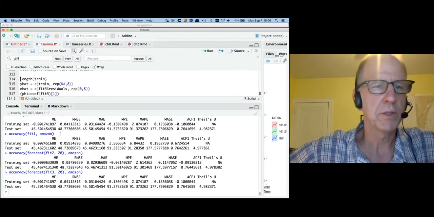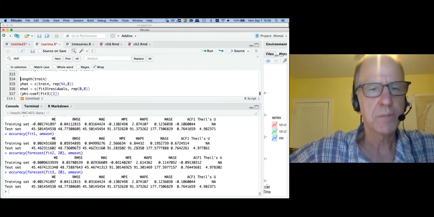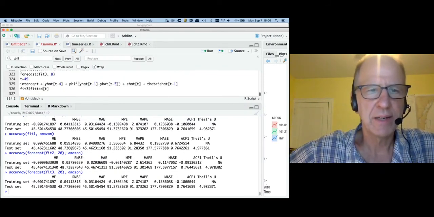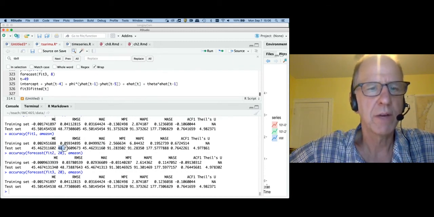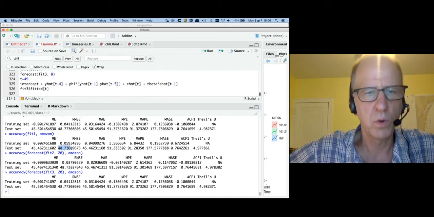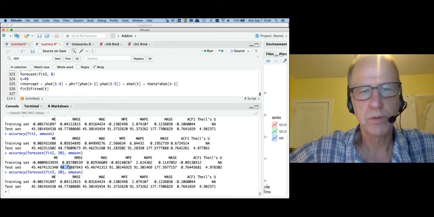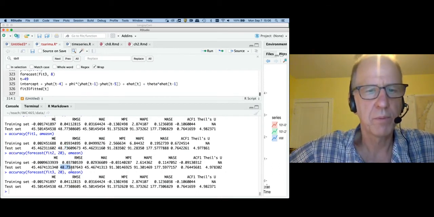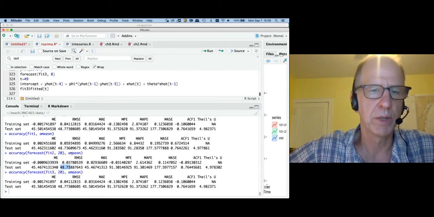So I've generated these, and what we see is that there's not a lot of difference in the RMSE values in the test set. So this is the Holt model, 78.73. The ARIMA model is also 48.73, slightly larger in the third decimal place.